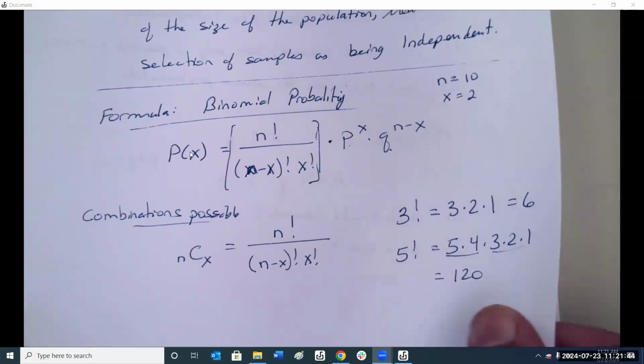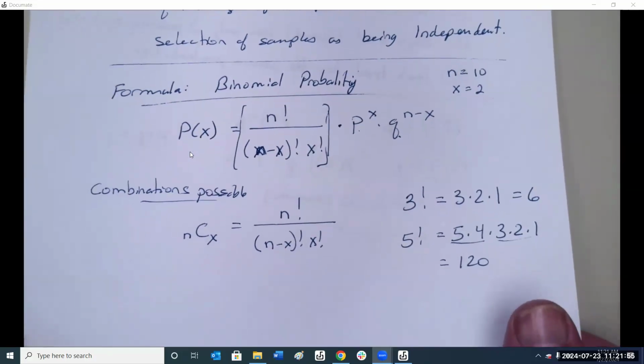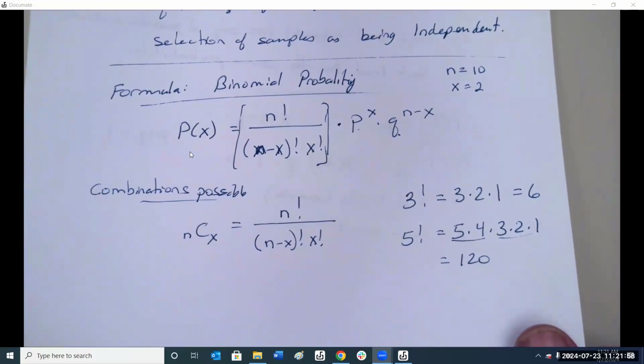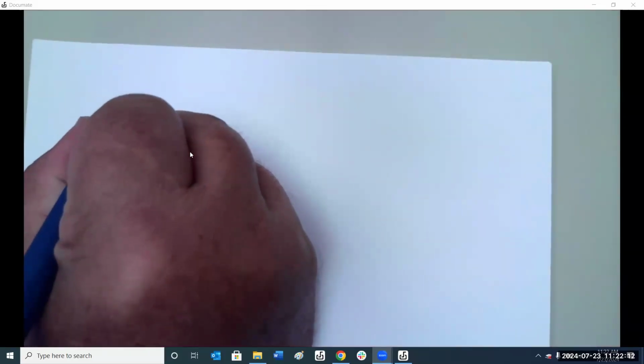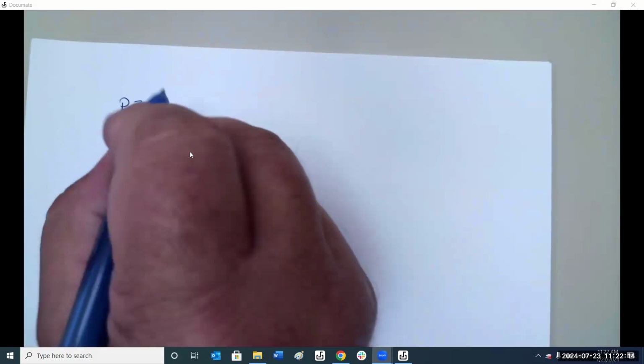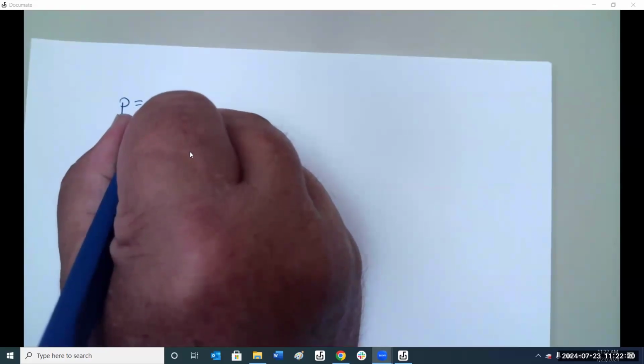Okay, so let's look at this. Unfortunately, these will require using either Excel, a calculator, or one of the programs that this course uses. But I'll show you an example of this. Let's define the probability of success as 0.6.